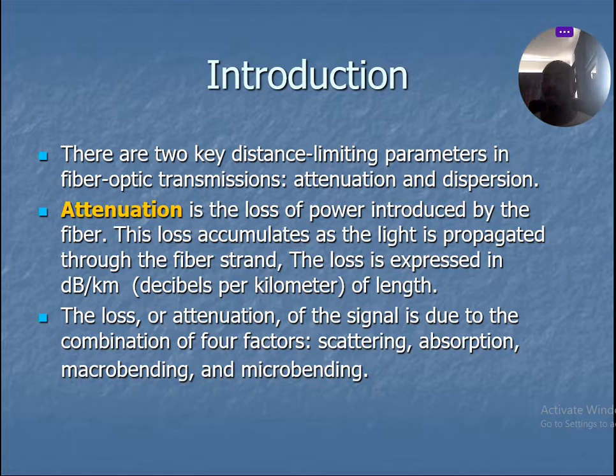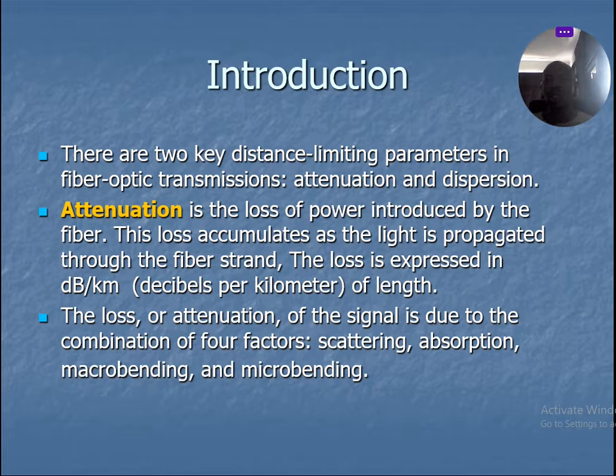What is attenuation? We've also spoken about attenuation way back in chapter 2. Attenuation is just the loss of power that is transmitted across the optical fiber cable. So we say attenuation is the loss of power that is introduced into fiber. This loss accumulates as the light is propagated through the fiber strand.